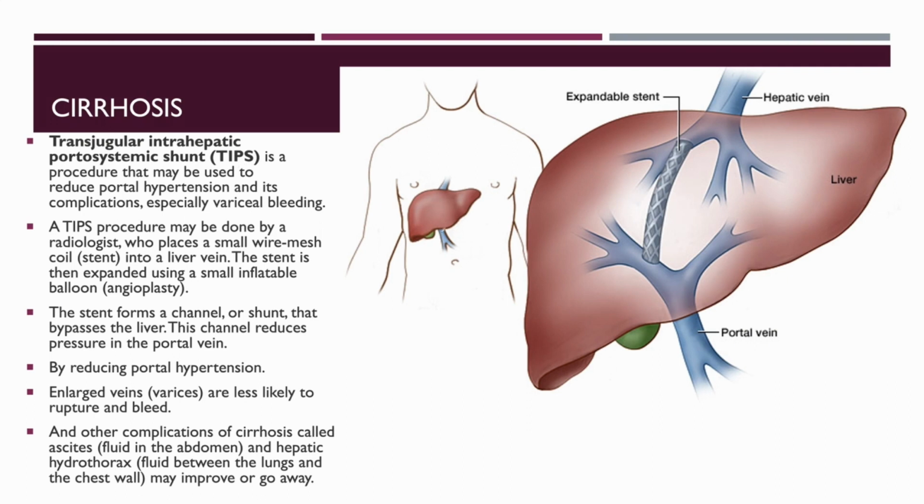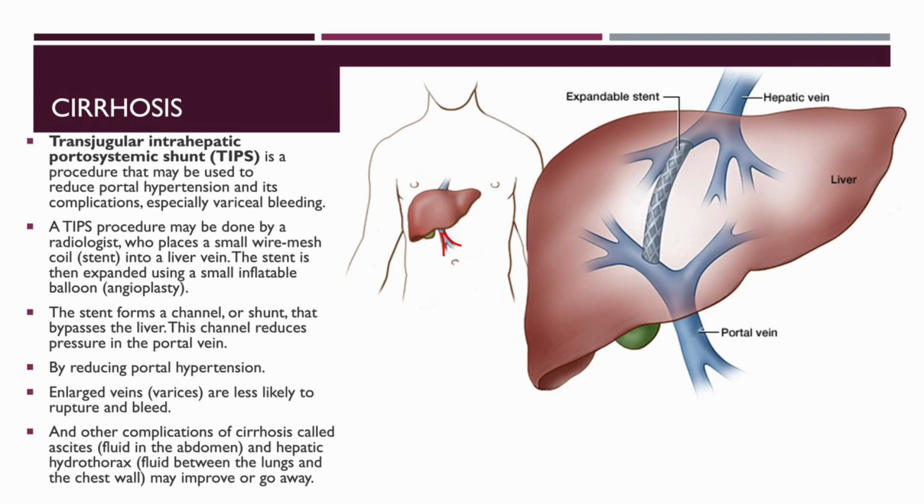So like we said, when there's backup of blood in the portal system, it causes all sorts of issues, including esophageal varices, which can be life-threatening to a cirrhotic patient. So in the presence of these findings, patients that are not well controlled can have surgery where we do a transjugular intrahepatic portosystemic shunt.